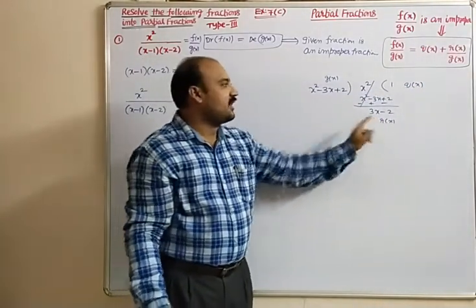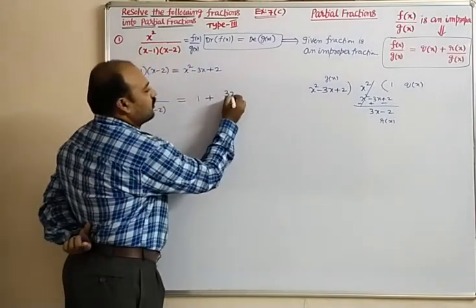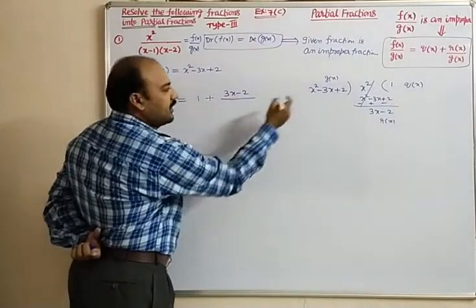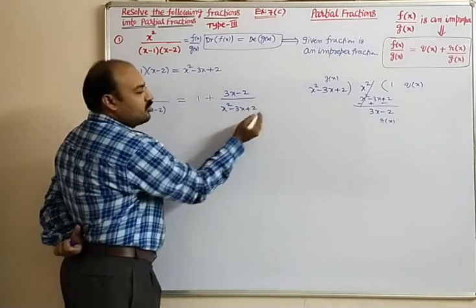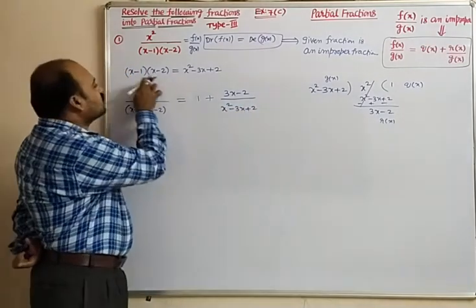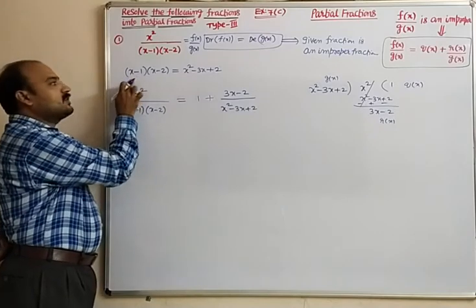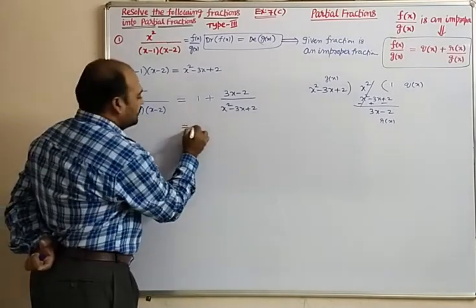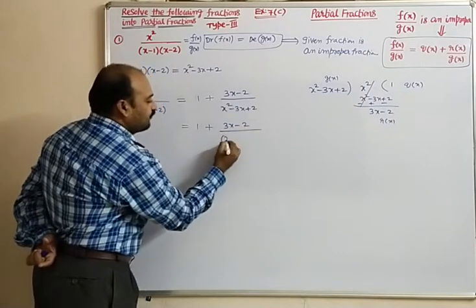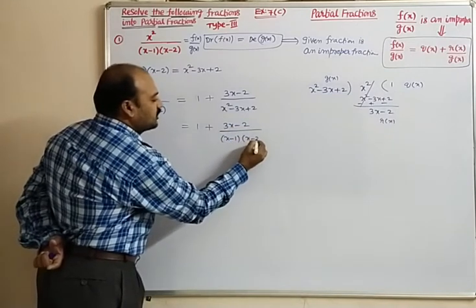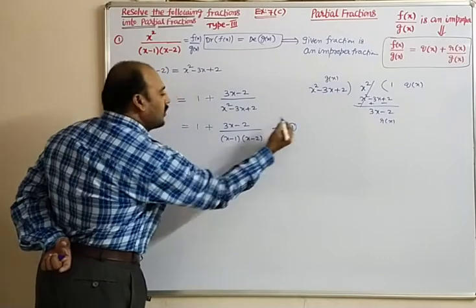R of x is 3x minus 2, whole divided by g of x, which is x squared minus 3x plus 2. The meaning of x squared minus 3x plus 2 is the product of x minus 1 and x minus 2. So it is 1 plus 3x minus 2 divided by x minus 1 into x minus 2. Call this equation number 1.